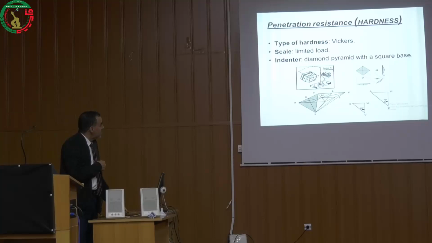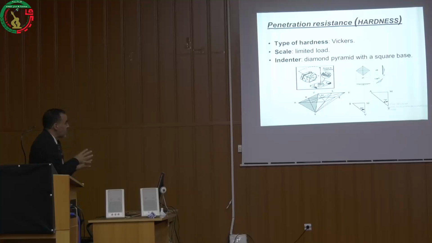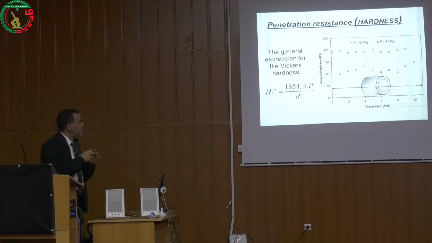So here we try to answer the third question, and we used Vickers hardness. We used a diamond pyramid with square base to measure the hardness on the wall thickness, and we obtained two results.